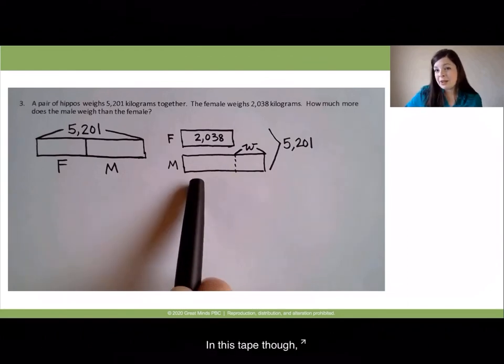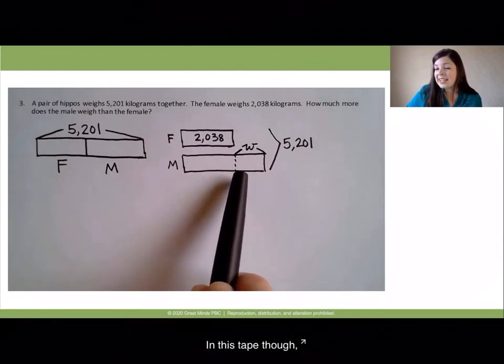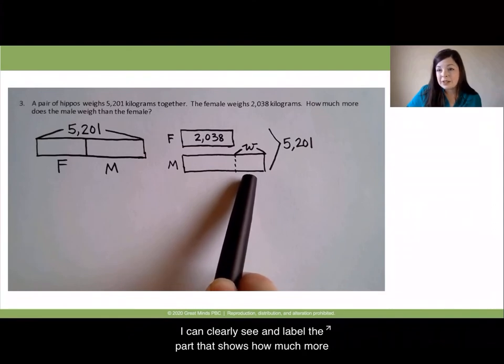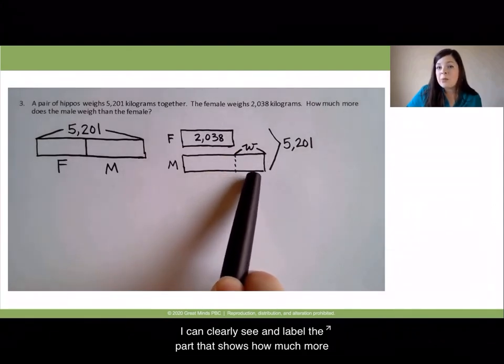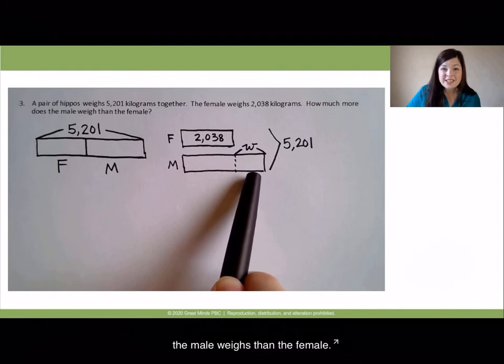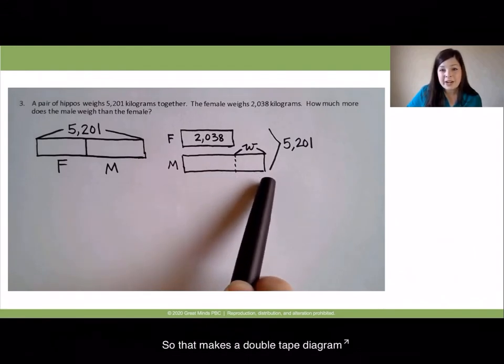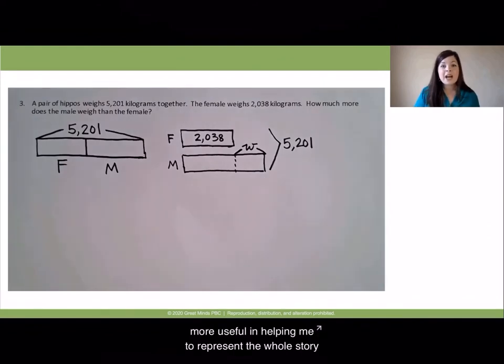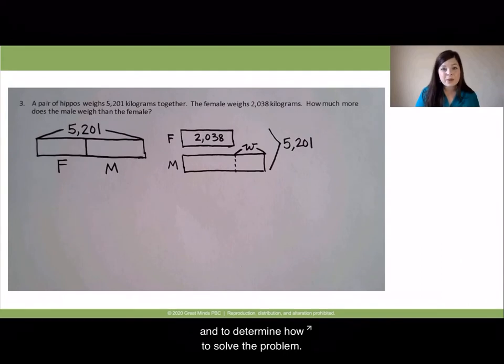In this tape, though, I can clearly see and label the part that shows how much more the male weighs than the female. So that makes a double tape diagram more useful in helping me to represent the whole story and to determine how to solve the problem.